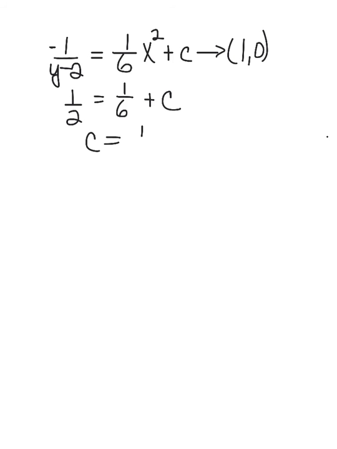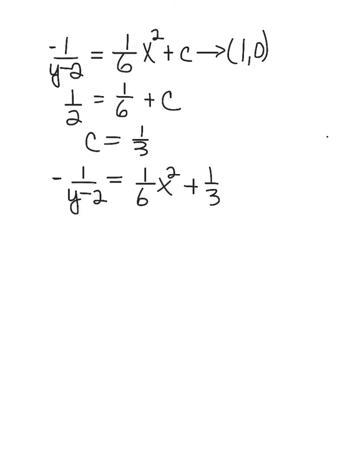All right, I have 1/3 for c. So I'm going back to the original equation that I had on the previous slide, which was negative 1 over y minus 2 equals 1/6 x squared. And now we know what c is, so I'm going to add that in.